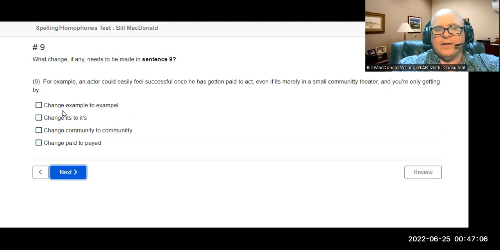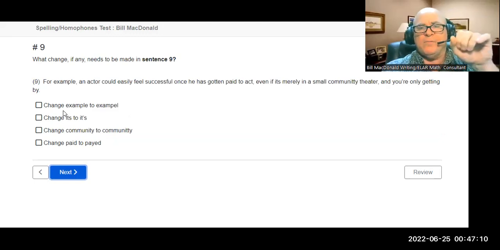Number 9, capital. For example, comma, bouncing on imaginary ball on the table, and I'm moving with my mouse. I'm tracking with my hand, my mouse.